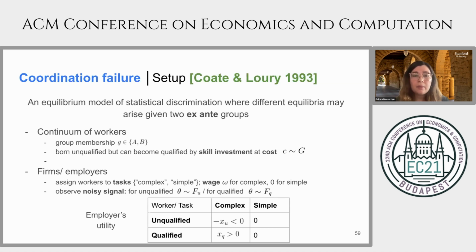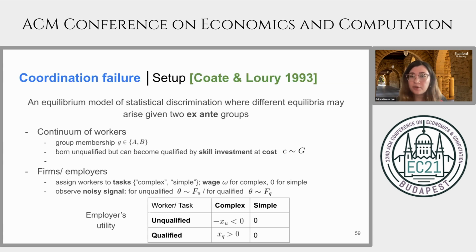Some workers may choose to become qualified by investing in education, for example by going to college, but this comes at a cost C that comes from this distribution G for different workers. And on the other side of the market, we have employers or firms that try to decide how to assign workers to tasks.